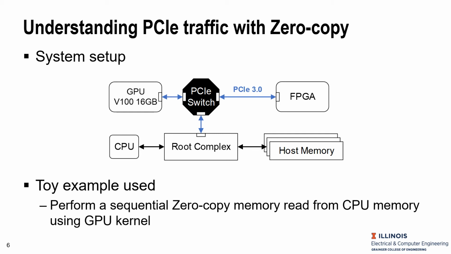Inside the FPGA, we also added several monitoring logics to closely monitor the PCIe traffic generated by the zero-copy access. The example application to monitor the PCIe traffic was a simple sequential data access using GPU threads. However, we modified the permutation of thread groupings of the GPU to observe in which grouping strategy we can get the best PCIe performance.